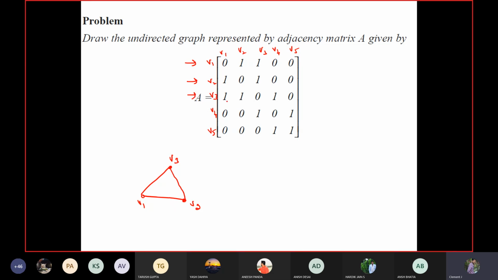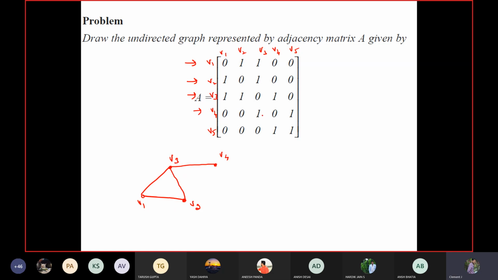V3 has connections with V1 and V2, and one more, V4. V3 with V1 is connected, V3 with V2 is finished. For V3 with V4, I should create one more vertex, V4. Next, fourth row.